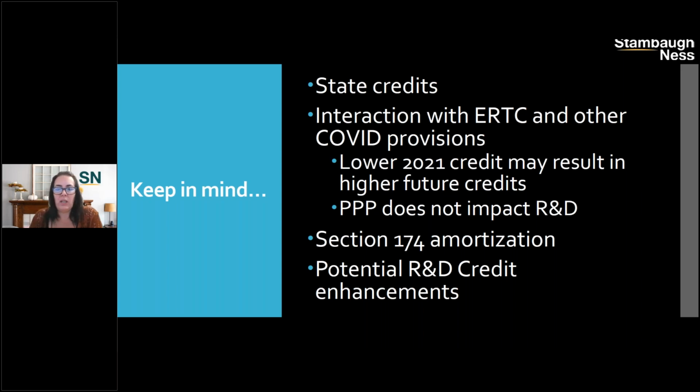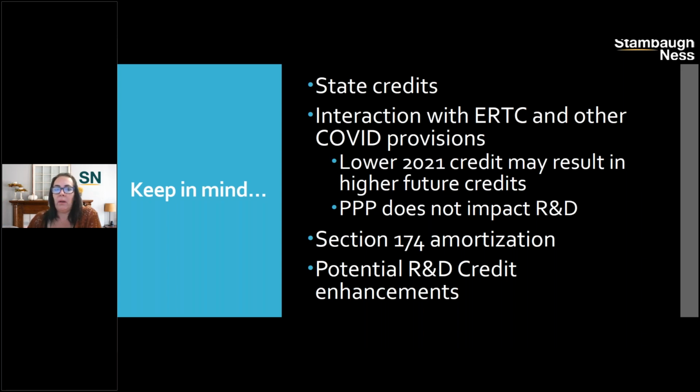So I think Tom really nailed this earlier, but you could potentially see a lower credit in 2021, based on if you took advantage of the employee retention tax credit and you're lowering some of your wages for 2021 to be utilized in that credit calculation. Also, if you qualified for PPP and ERTC, you might have had a revenue drop, so you might have had a wage drop as well.